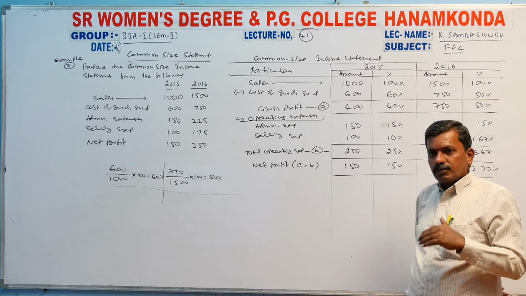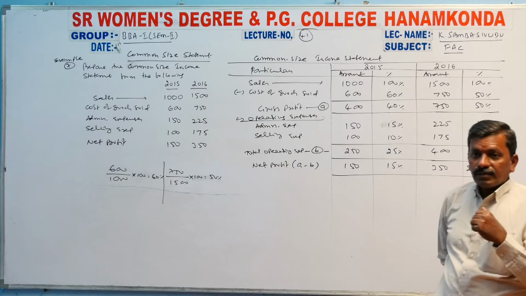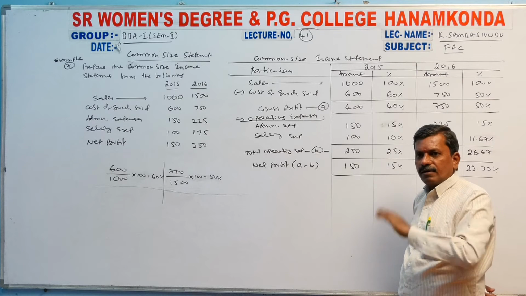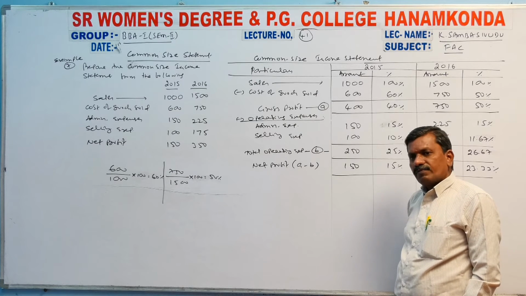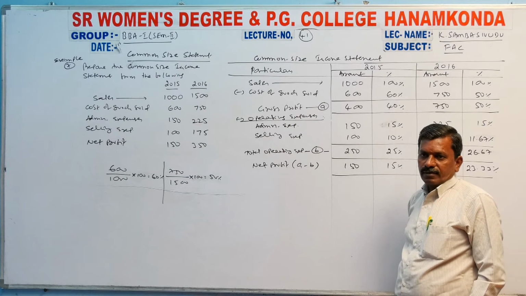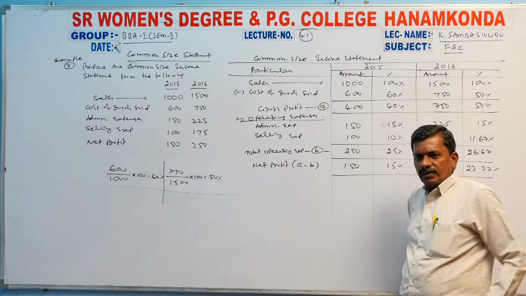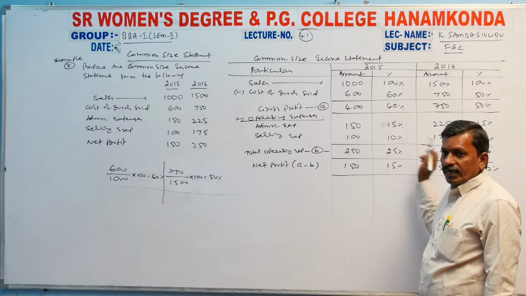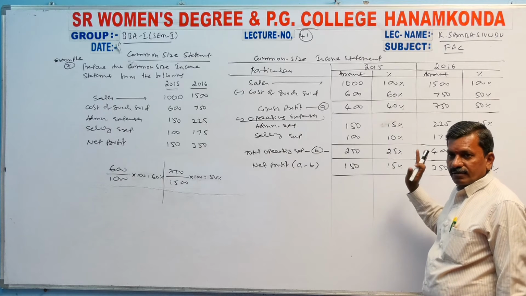Then operating expenses, under which administrative and selling expenses are there. Then we get the profit before tax, then profit after tax, that is net profit. Here tax is not there, but in the percentage calculation, the comparison from previous to current year is no need.